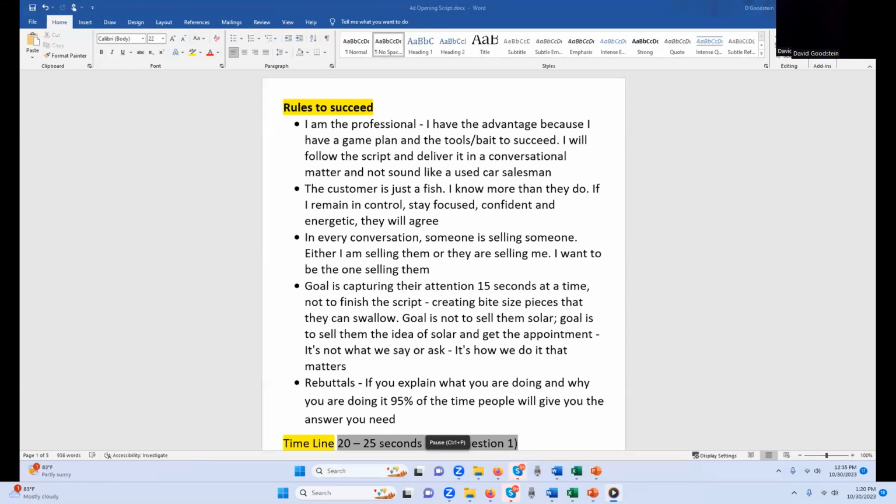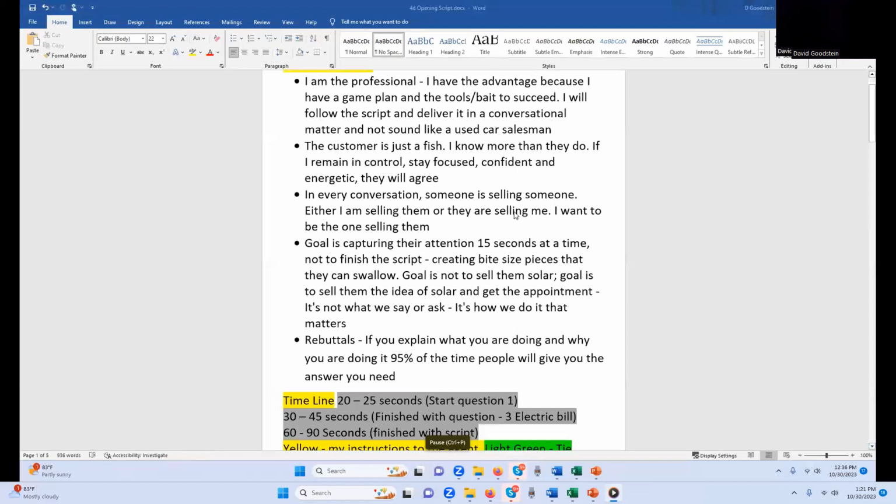We're going to be going over and over and over that again. Now, you're going to notice on page 1 of the script, we have the rules to succeed. We're going to be talking about that in depth starting tomorrow.